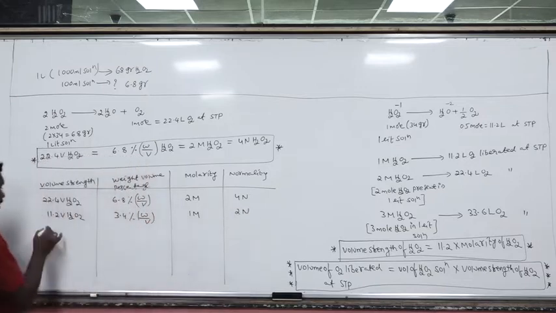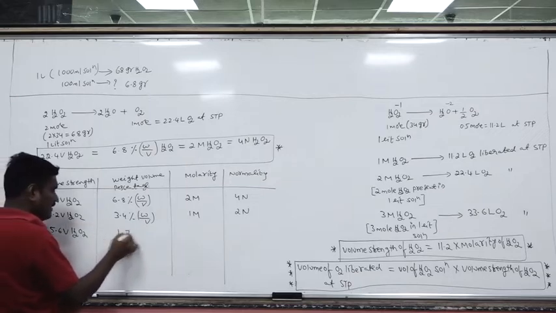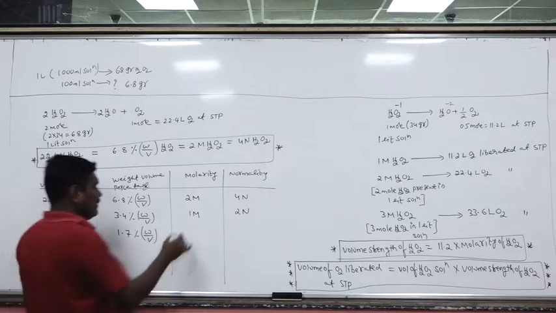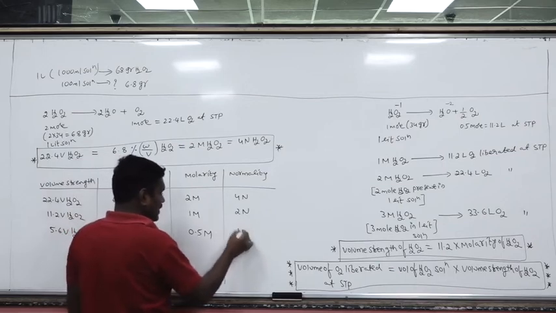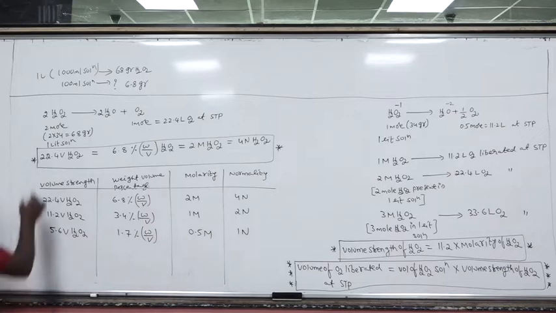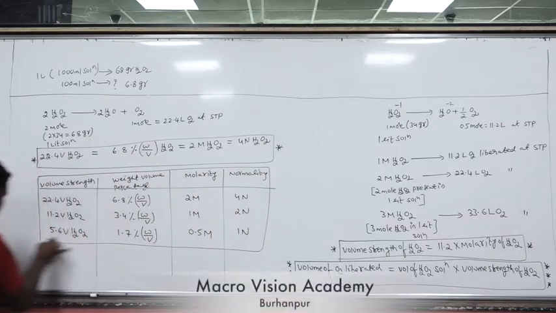Let's suppose the volume strength is 5.6 volume of H2O2, then again it will become half, that is 1.7% W by V. This will become half, that is 0.5 molar. This will become half, that is 1 normal. 1 normal solution. Okay, so with the help of one particular data, we can calculate the remaining data.